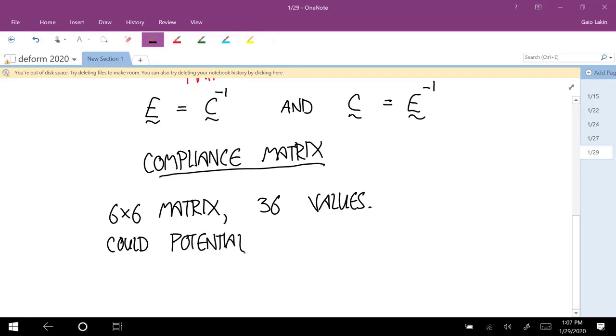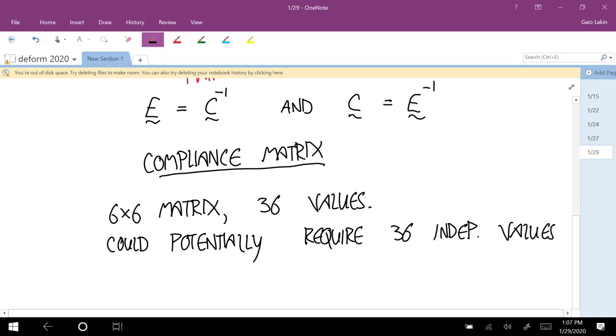And that means that in order to come up with a compliance matrix for a material, could potentially require 36 independent values that represent a material.